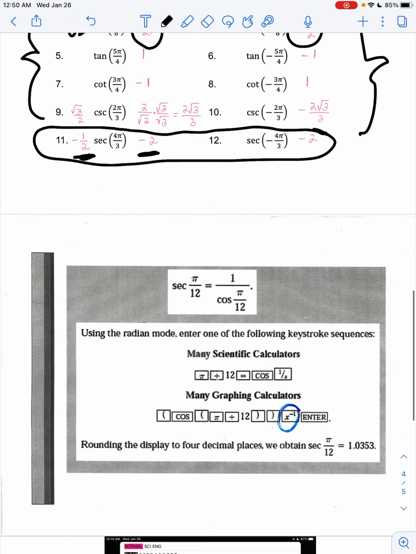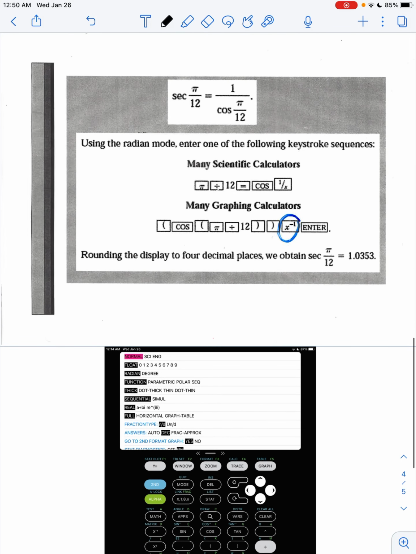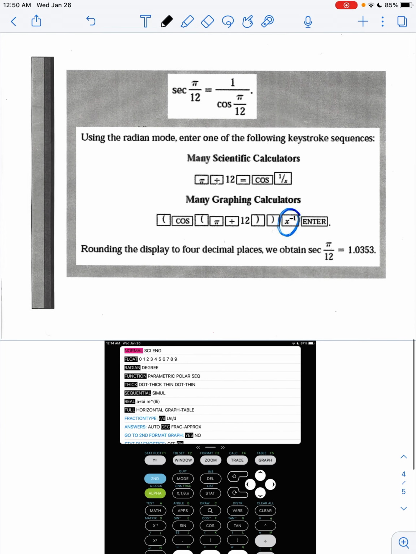All right, what do I want to finish with? I want to finish with calculators and how we go from radians to degrees, because at the end of 4.2b, you're going to be asked to evaluate things in radians as well as degrees on your calculator. So the first thing you have to understand is you've got to be in the correct mode, which is radian mode, when you want to calculate radians.